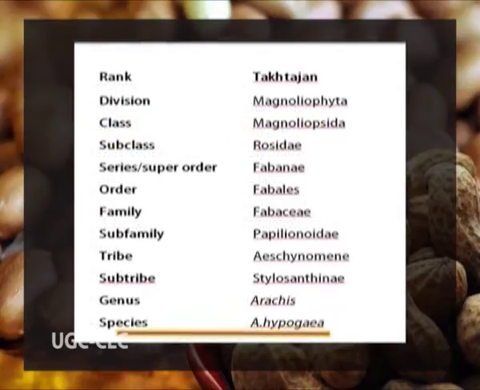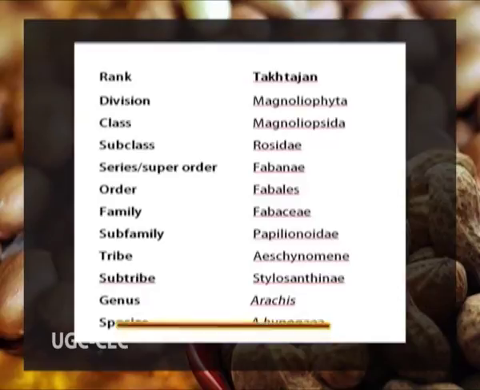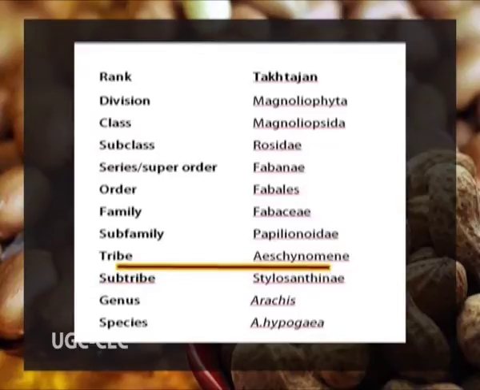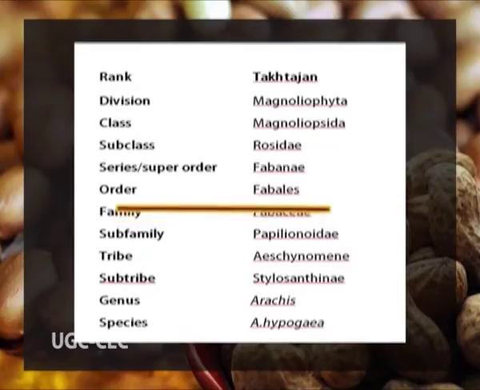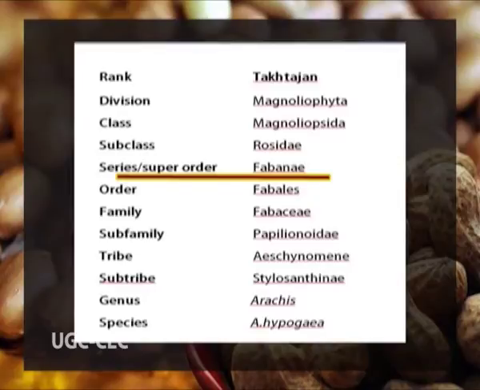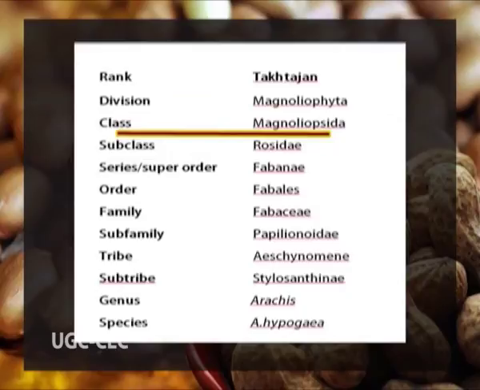Takhtajan classified Arachis hypogaea into genus Arachis, suborder Stylosanthinae, tribe Aeschynomeneae, subfamily Papilionoideae, family Fabaceae, order Fabales, superorder Fabanae, subclass Rosidae, class Magnoliopsida and division Magnoliophyta.